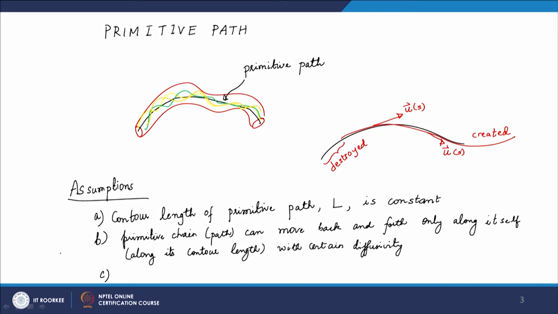And we can assume that the correlation function for the tangent decays with increasing S minus S prime.